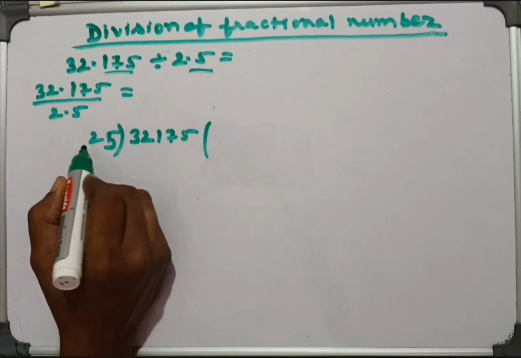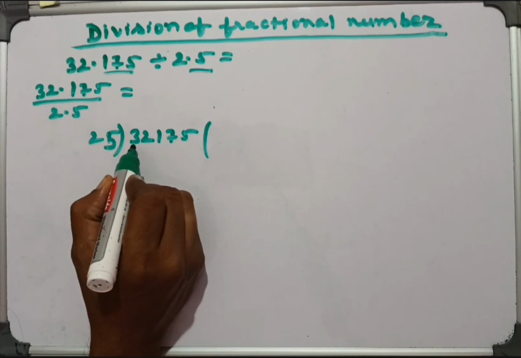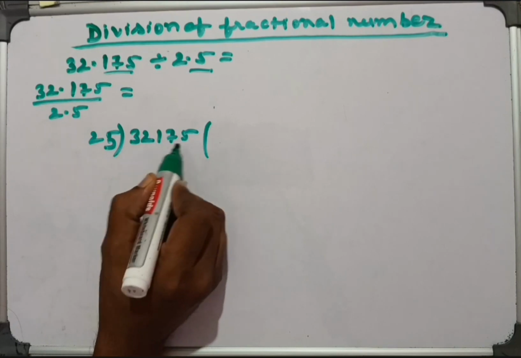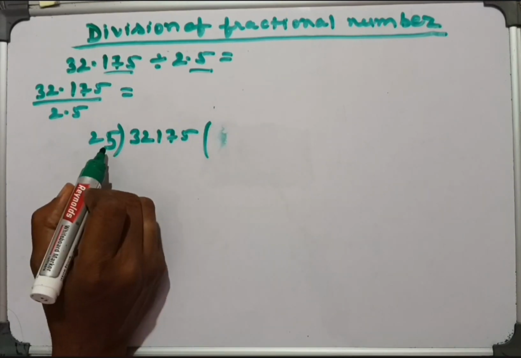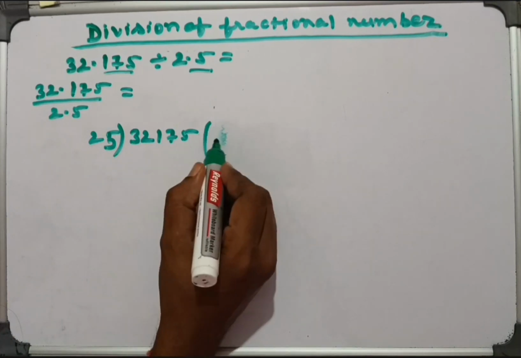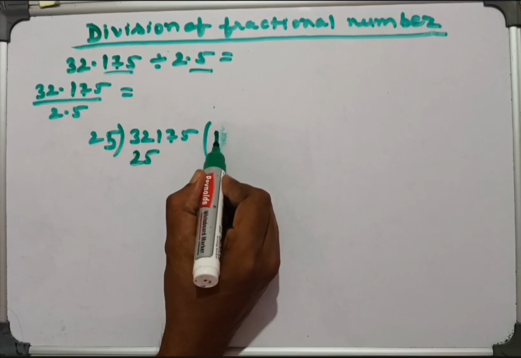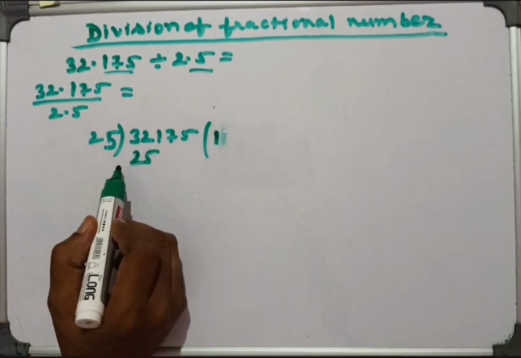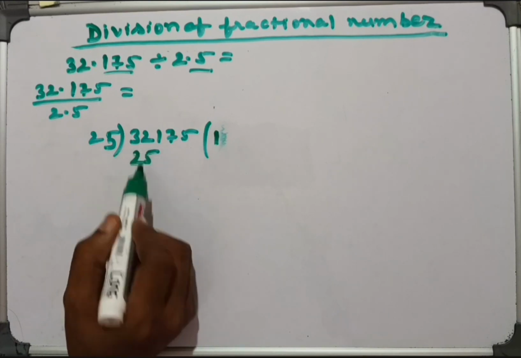Okay guys, here the dividend is 32175 and the divisor is 25. 25 times 1 is 25, so we write 25 here and 1 in the quotient. Why? Because 25 is less than 32.